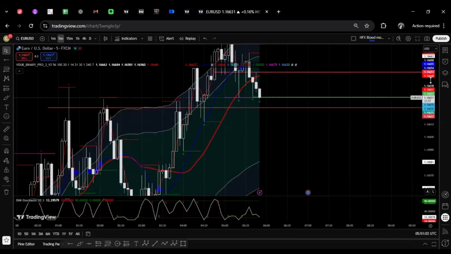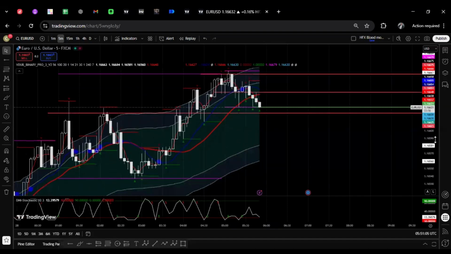And also remember, I told you about the EMA. Even on this particular indicator, we also have the EMAs running in between.